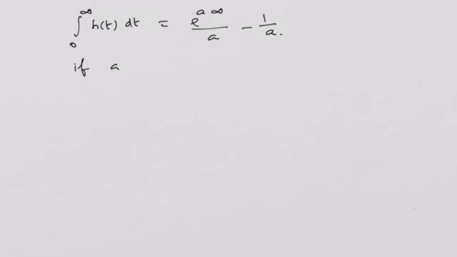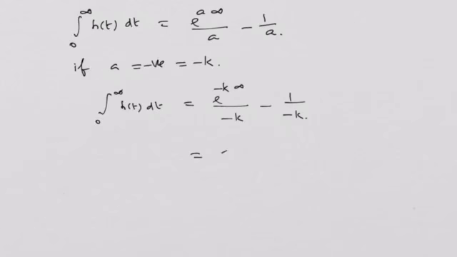If a is a negative number, what will happen? Can you just imagine? Negative number, let me say it is equal to, for example, minus k, where k is positive. Now you just take the condition, the integral of h of t dt, so a is to be replaced by minus k. That is e power minus k into infinity divided by minus k, minus 1 divided by minus k.